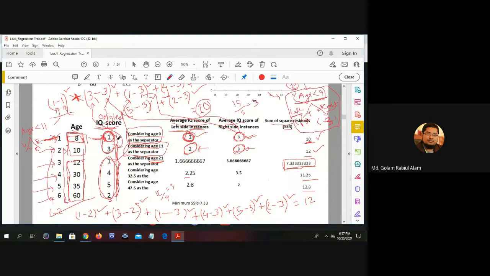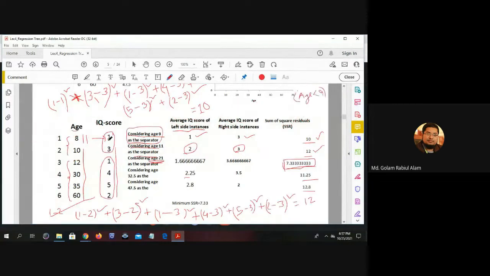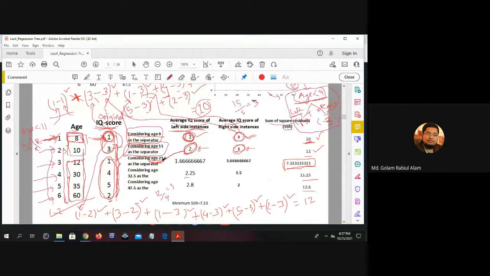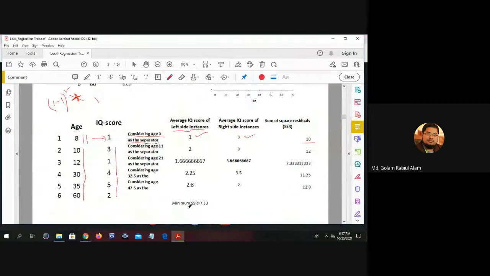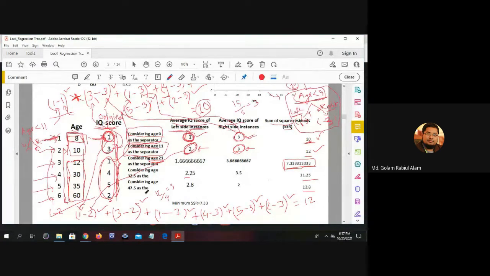For the first one, the prediction is 2 but the original is 1, so 1 minus 2, squared.